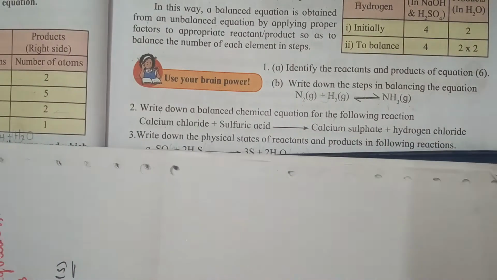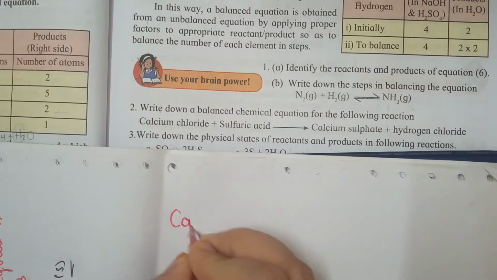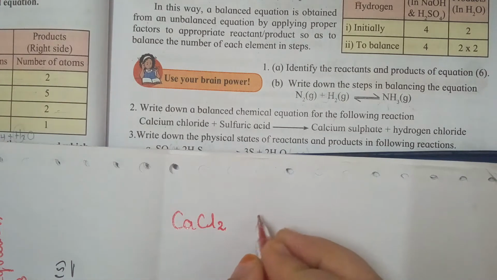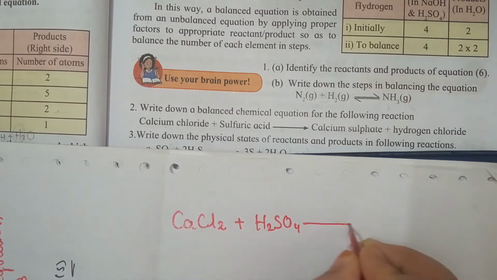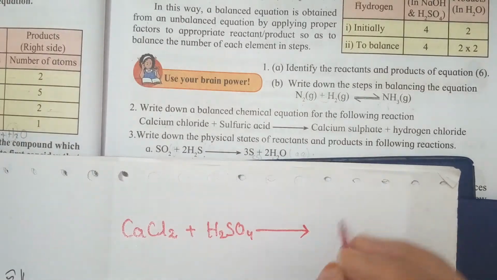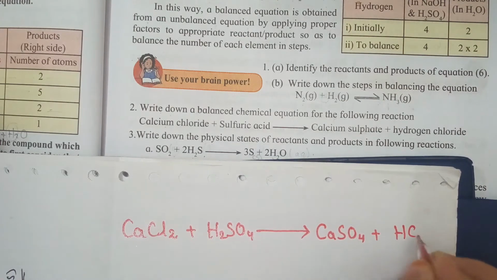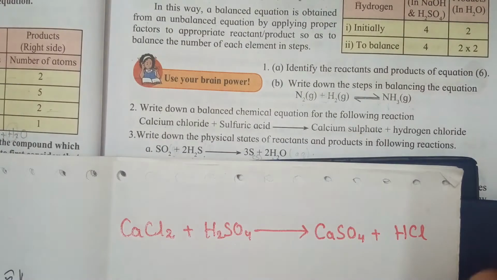The formula for calcium chloride is CaCl2, plus sulfuric acid, whose formula is H2SO4, with an arrow in the forward direction. Now calcium sulfate is CaSO4, plus hydrogen chloride, which is HCl. So first, from the word equation we write a chemical equation.